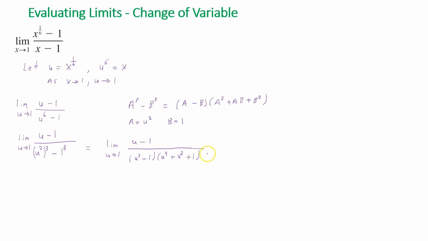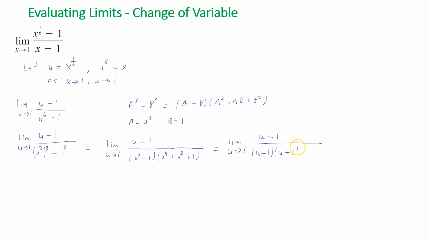Okay, so after this, I'm going to continue to work with this. So this u squared minus 1 is factorable, so I'm going to factor it. So limit as u approaches 1, u minus 1 over, u minus 1 times u plus 1.